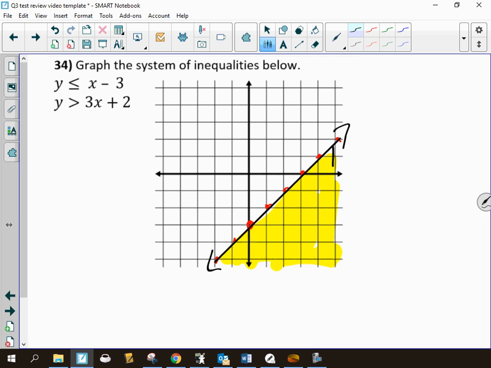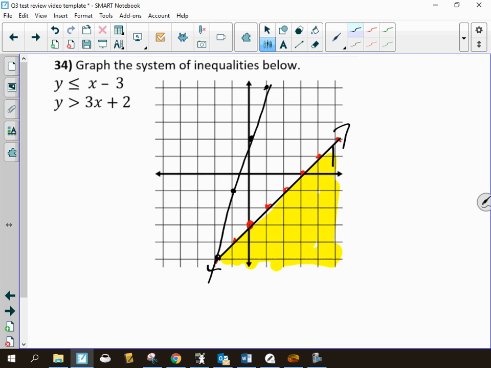For the second equation, the y-intercept is 2, and the slope is 3. But now we're going to shade up. So that would be shading that.